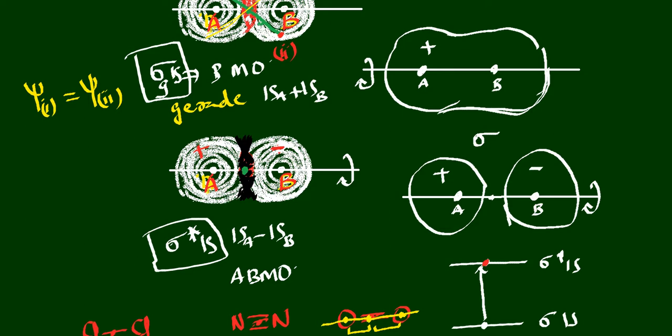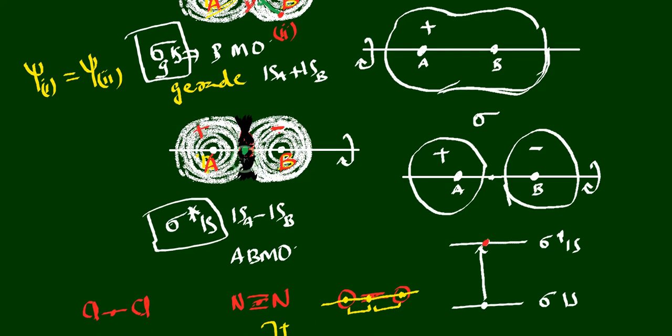And if we are looking at the other one, here also we do the same thing. I am going to draw a line from the inversion center to some point in the molecular orbital on the left hand side. Then I identify point number 1, and then I extrapolate that line to the other side and identify point number 2, and then I find out psi 1 and psi 2.